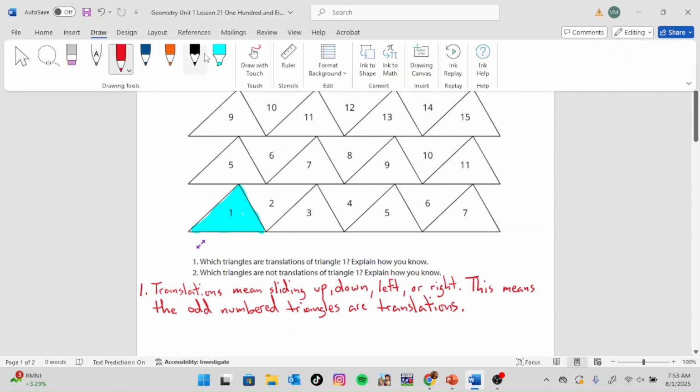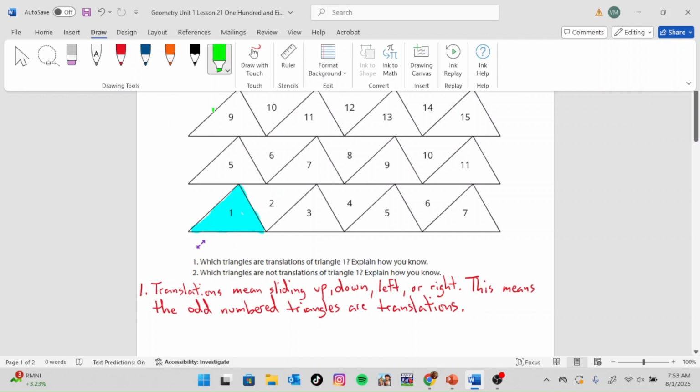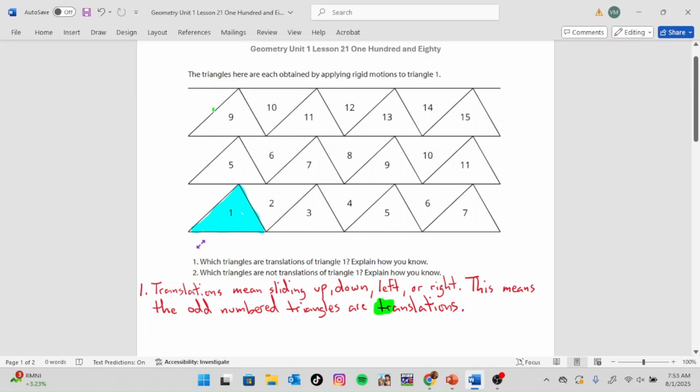So I'm going to pick a different color here. We'll go with green. I'm going to highlight the word translations in green.